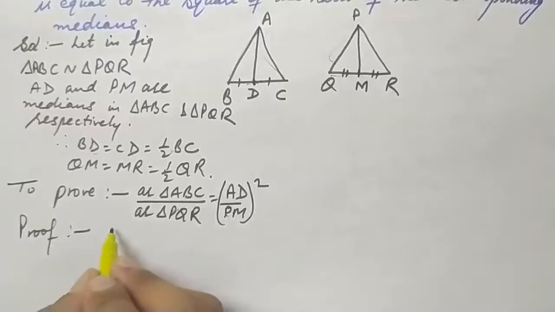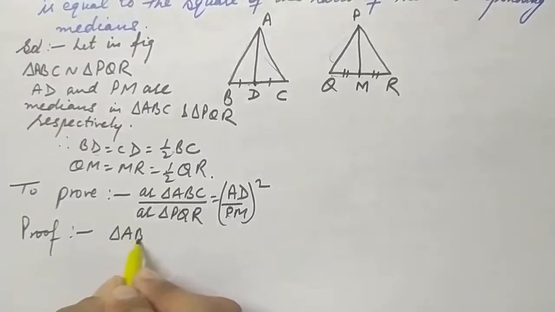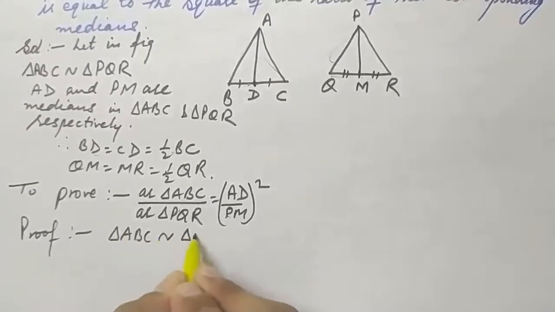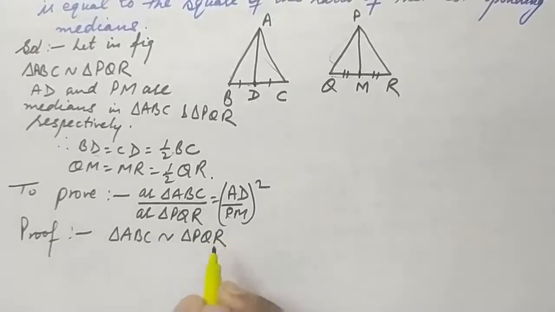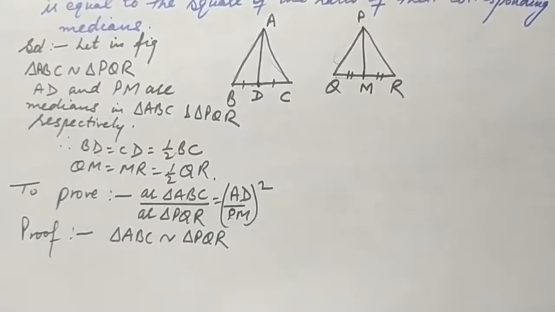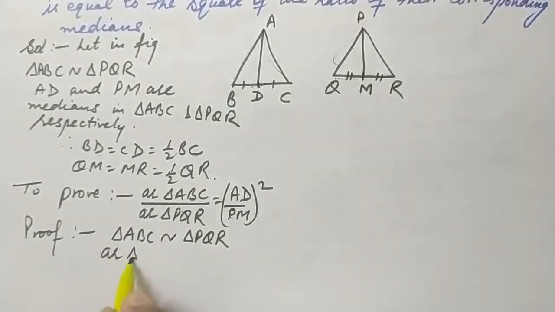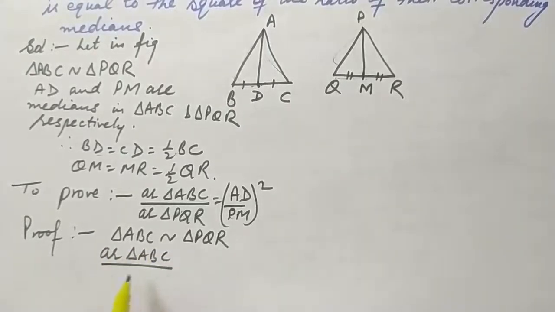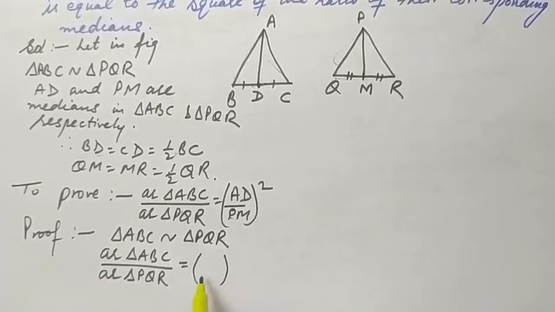If triangle ABC is similar to triangle PQR, then the area theorem says that if two triangles are similar, then the ratio of their areas, that is area of ABC over area of PQR, will be equal to the square of the ratio of their corresponding sides.